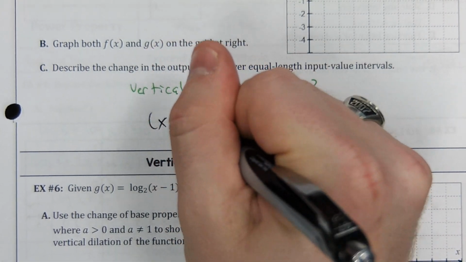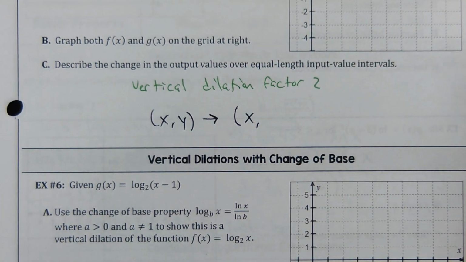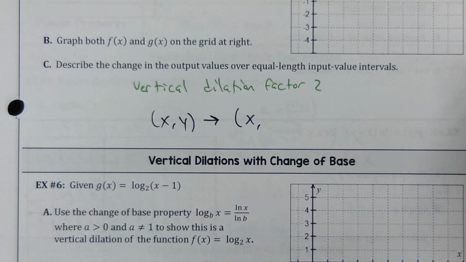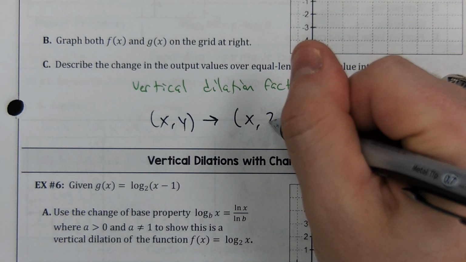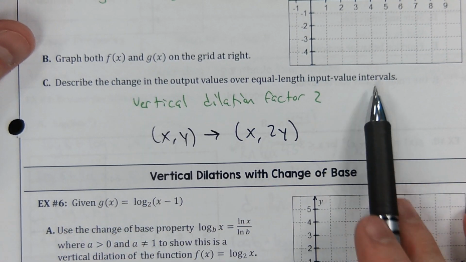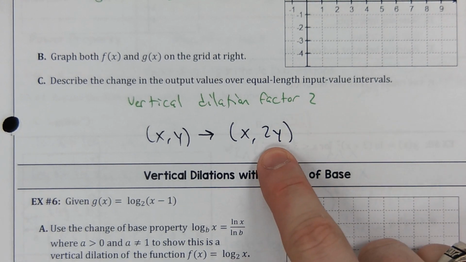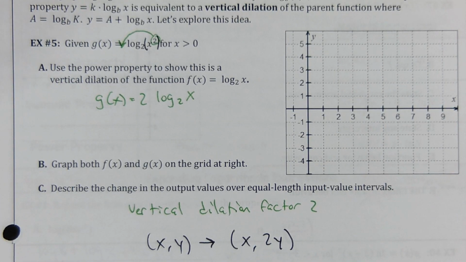You can show that every x comma y on f of x is going to map onto an x comma 2y on g of x. So you see a 2 on the front, multiply those y values by 2. You also could have just written, double the y values or multiply the y values by 2. Anything like that would have been the description. This is the rule.